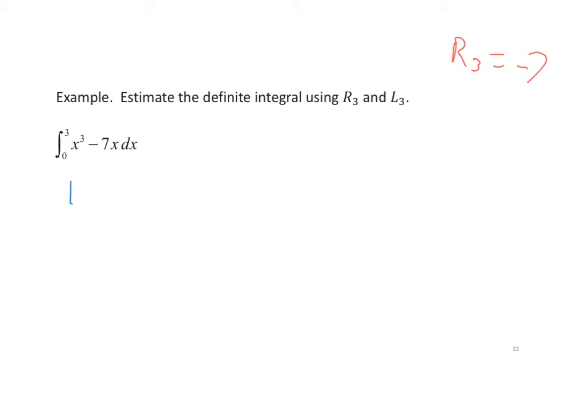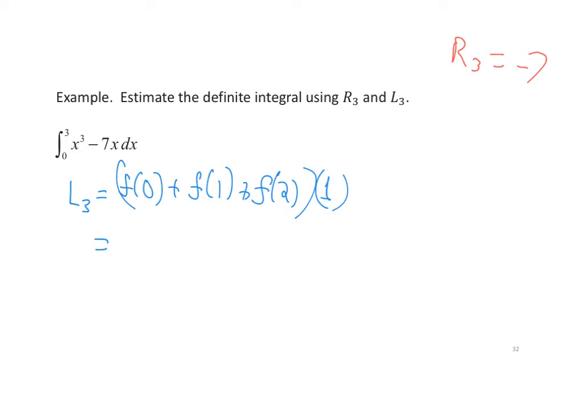Okay, so L3 would be f of 0 plus f of 1 plus f of 2, all multiplied by delta x, which is still 1. So we have 0 cubed minus 7 times 0 plus 1 cubed minus 7 times 1 plus 2 cubed minus 7 times 2.